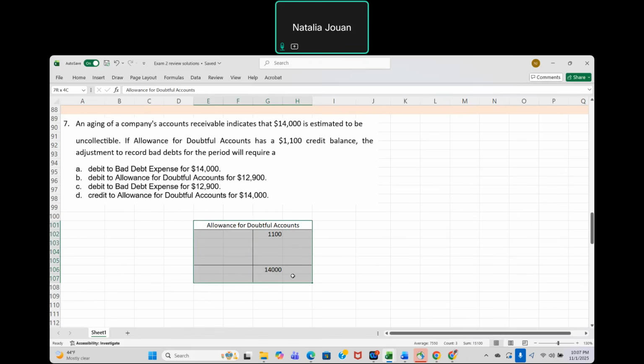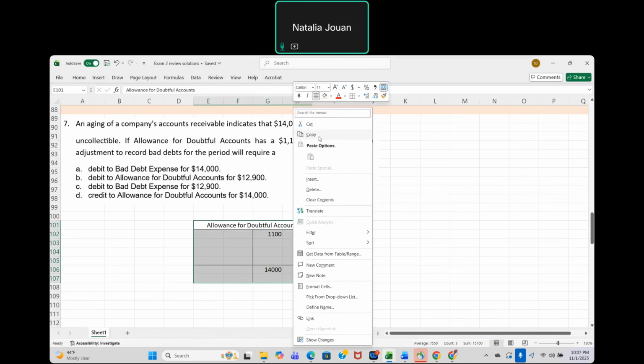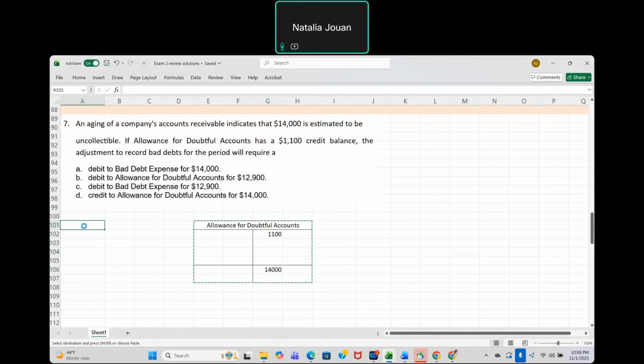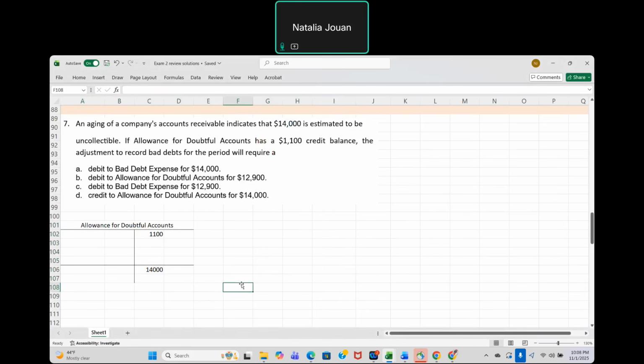I'm gonna cut this over here and then we do the entry next to it. So remember the basic equation. This account has the normal balance on the credit side, so you're gonna have the beginning balance plus the credit minus the debit equals the ending balance. So what do we have here?